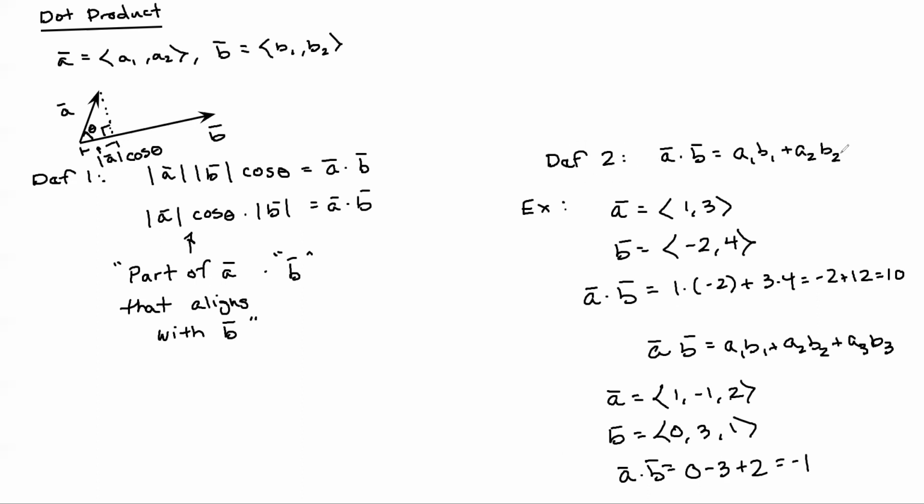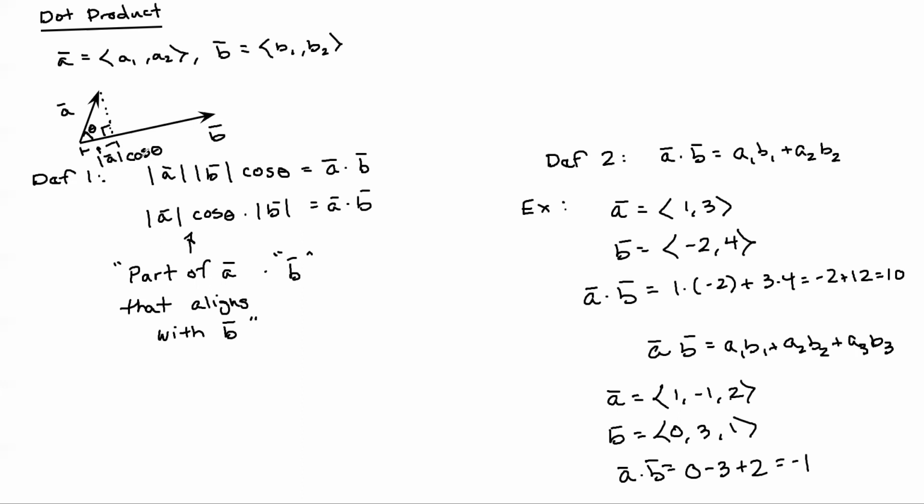Definition 2 is for calculations. So we've gone through and done a couple of calculations. Definition 1 is for theory. And the main thing that you have to understand is the stuff that I've written here, which is that if you took the part of it that points in the same direction as B, which would be this stuff here. And again, where does this come from? I didn't go through and write that up, but you can determine that using trigonometry.